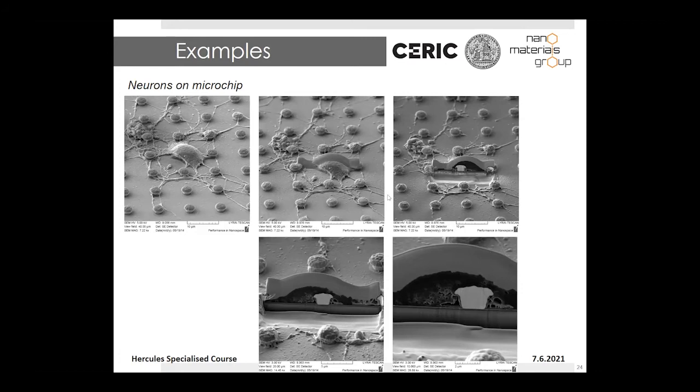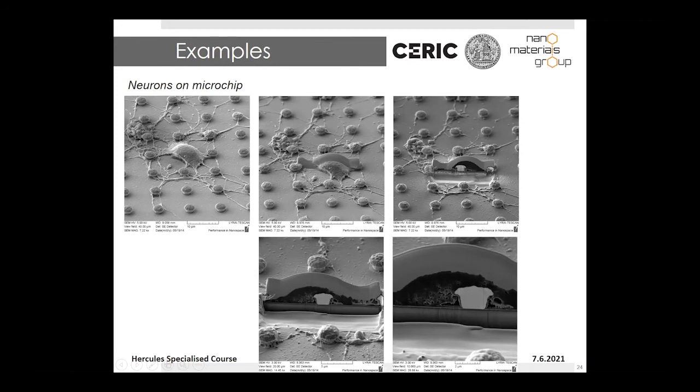So on the image on the left side, you see a neuron cell, which we protect by this ion beam induced deposition. And then we did a cut, so we are able to see how well this cell sits on a microchip contact, which you can see down there.